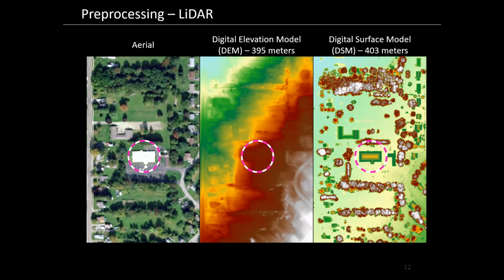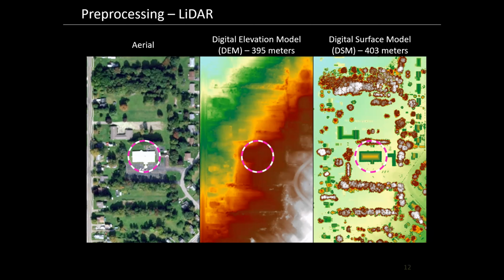So after the DEM is created, I went through and processed the LiDAR data to create a DSM. And in the images here, I have the aerial on the left, and the circle is showing the same spot within all of the aerial, DEM, and DSM.